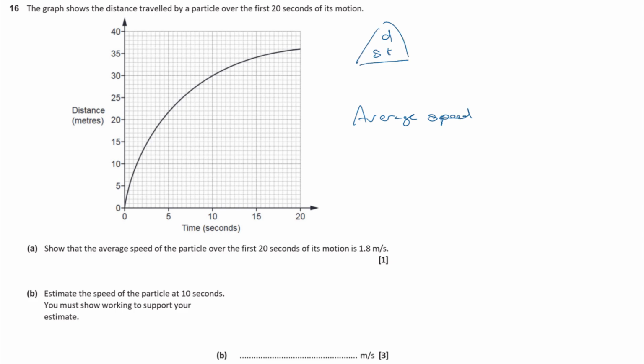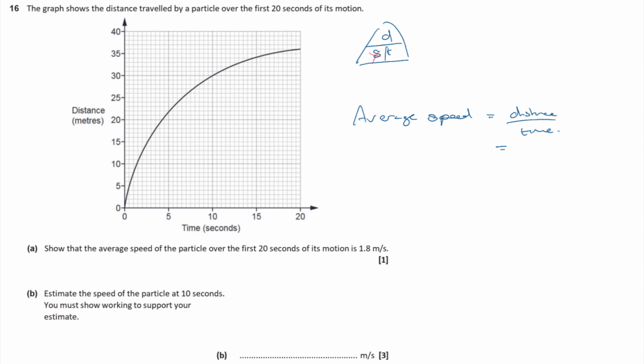DST. Okay. Distance, speed, time. Average speed, the S part of it, is distance travelled over time taken. Okay, so average speed over the whole journey of this object is going to be the total distance travelled divided by the total time taken.